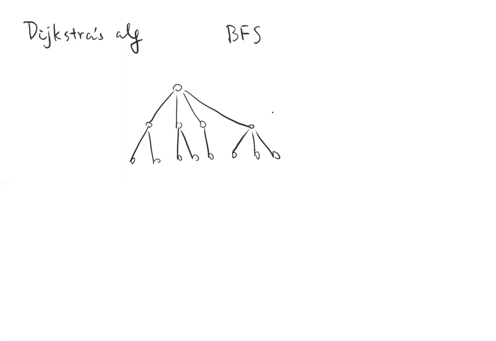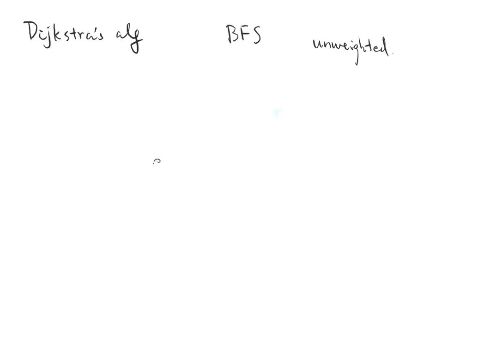That's BFS when the graph is unweighted. But unfortunately now it's much more general. Graphs have different weights, so we cannot do it this way because edge weights are different. But we can still use this idea and try to simulate BFS.